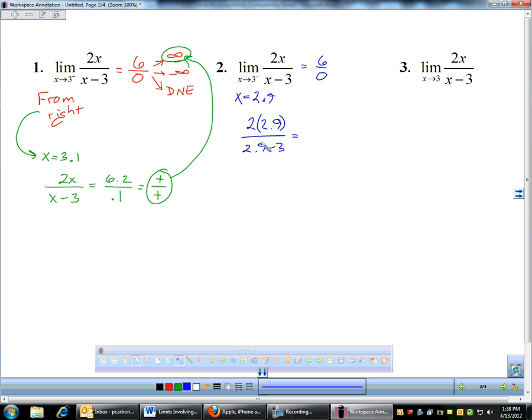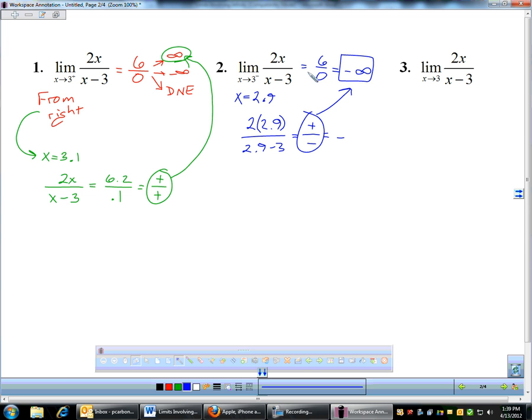And again, all I care about is the sign, whether it's positive or negative. 2 times 2.9 is a positive number. 2.9 minus 3 is going to be something negative. If you divide a positive by a negative, you get something negative, which means this answer is going to be negative infinity, because the positive divided by negative gave me a negative. So there's my final answer for number 2.